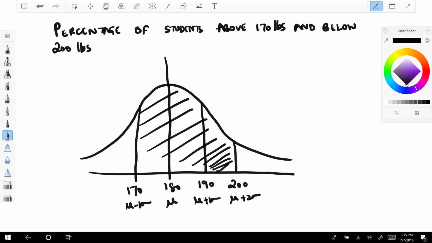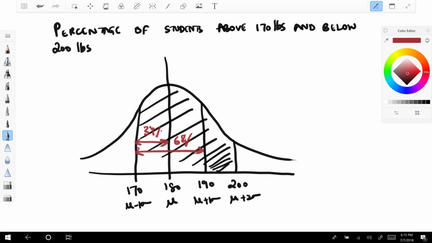So if you see, this whole thing is 84%, no, 68%. So this will be 34%.